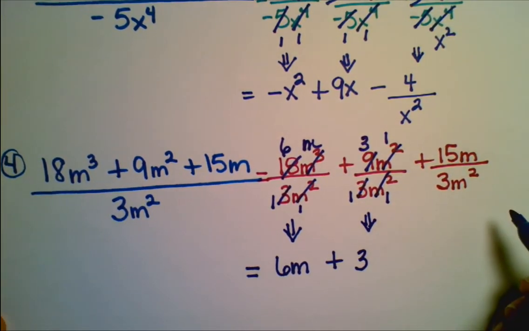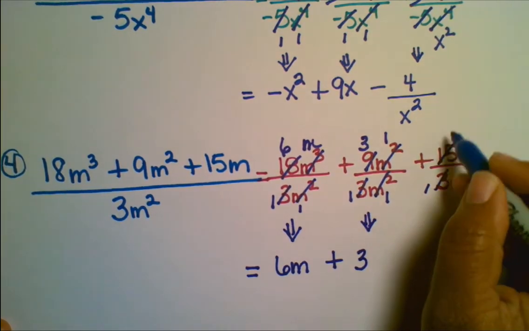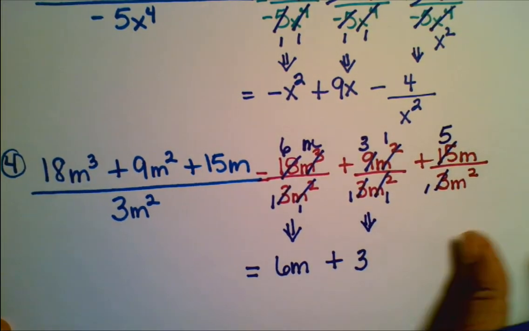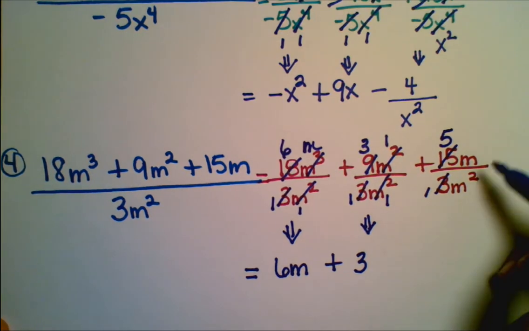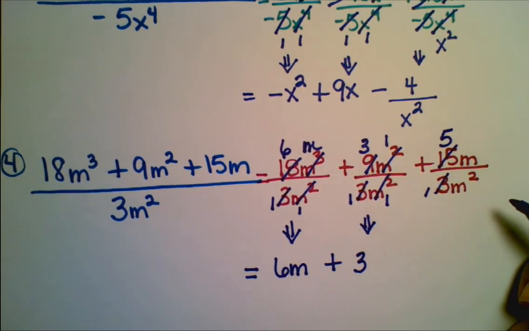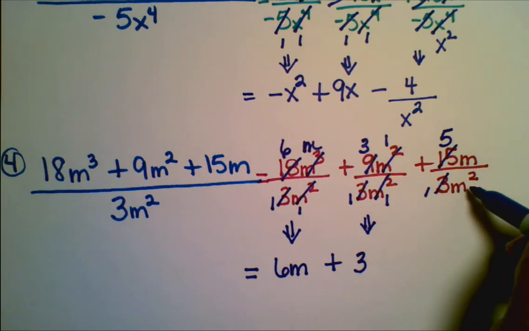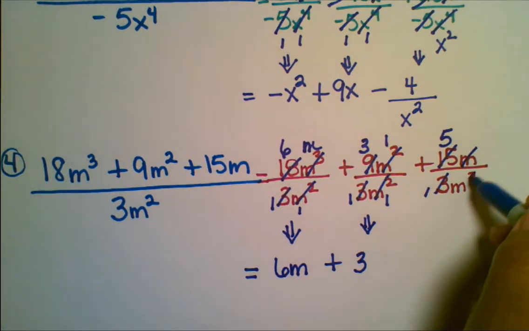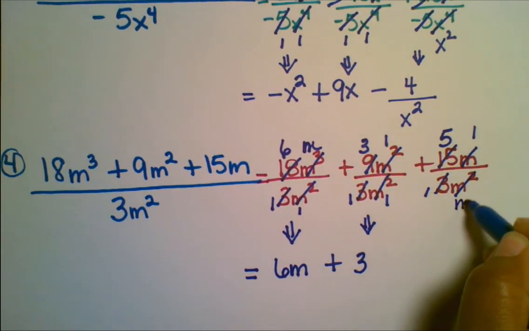And then our last term, 3 divides into 15 5 times. And then our m's. Where would our answer go? Because for the base m, would it be in the numerator or denominator, because we have the greatest amount of m's? It will be in the denominator. So we're going to subtract an m from out of m squared. We have an m left.